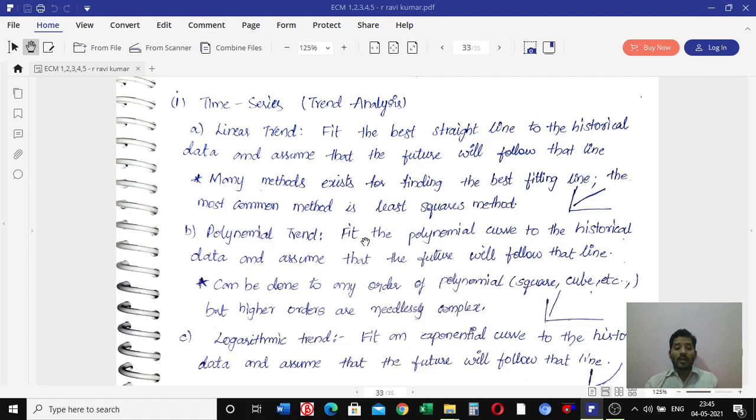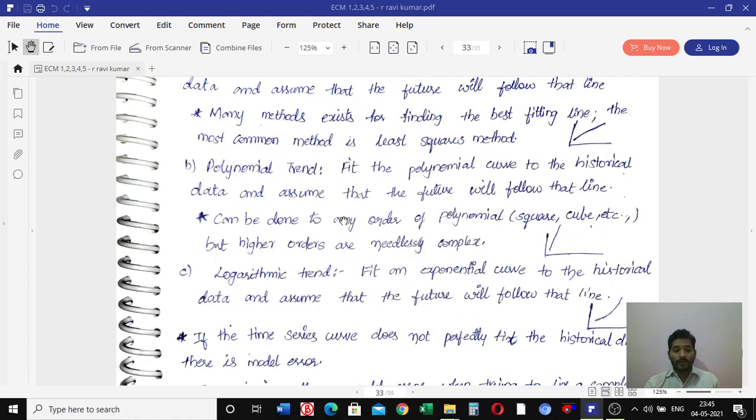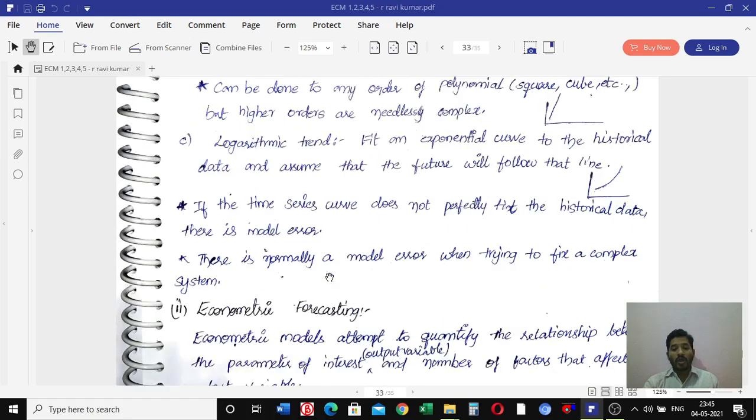And the third one is the logarithmic trend. This logarithmic trend fits an exponential curve to the historical data and assumes that the future will follow that line. If the time series curve does not perfectly fit the historical data, there is model error.